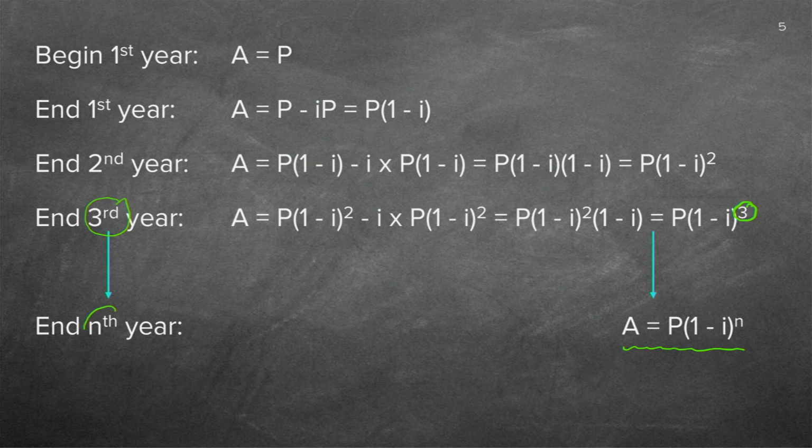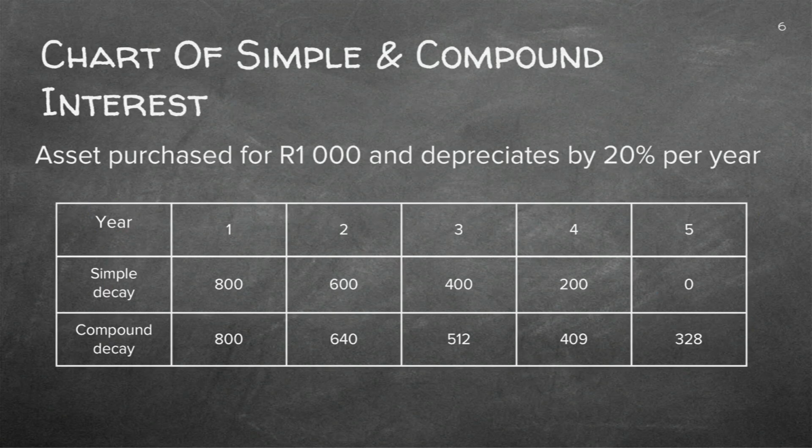So if it's the nth year, it's 1 minus i to the power of n. But as I say, this is not for exam purposes, it's just for the interest of it, that you can see where this formula is coming from. It's always good to know where the formula is coming from. It's not something somebody sucks from their thumb. It's really something that happened as they did lots of different steps, and then they got to the formula.